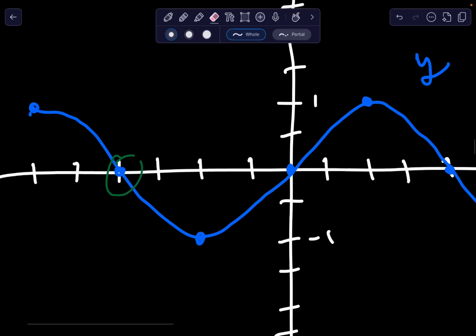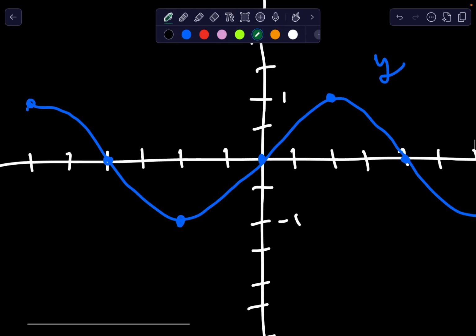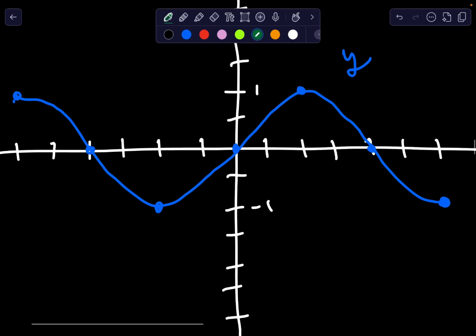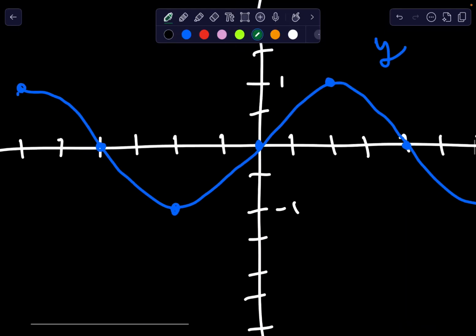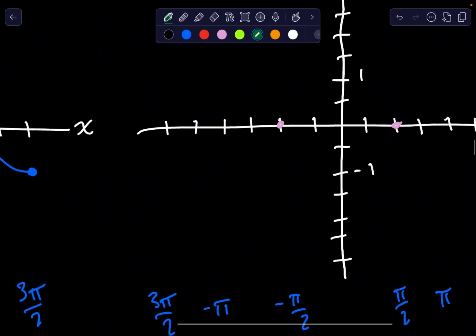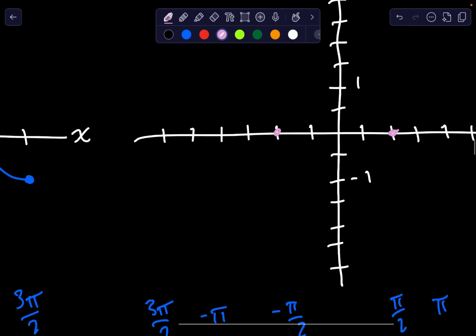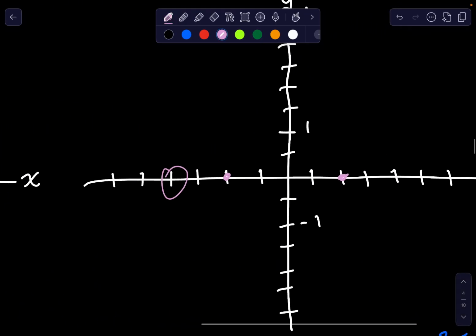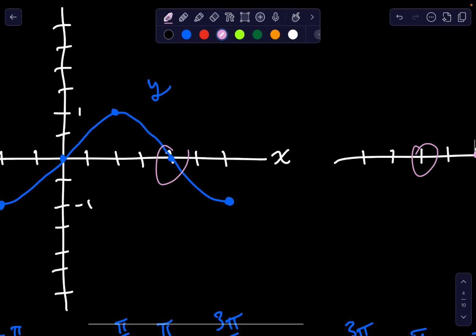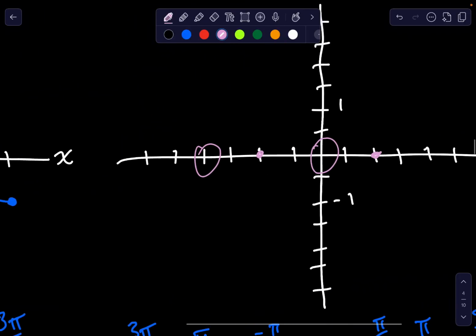And then as we switch directions, we become concave up. That also acts as a point of inflection. We become concave up at negative pi. So we know we have a local extrema at negative pi as well, at 0, and we also have one at pi.